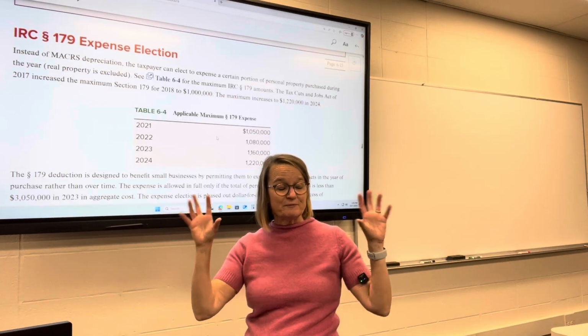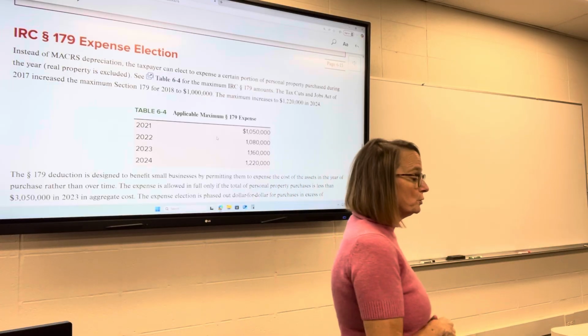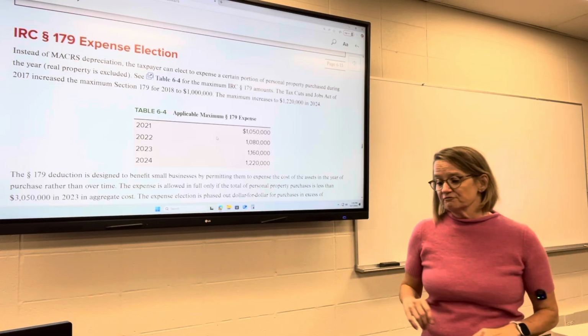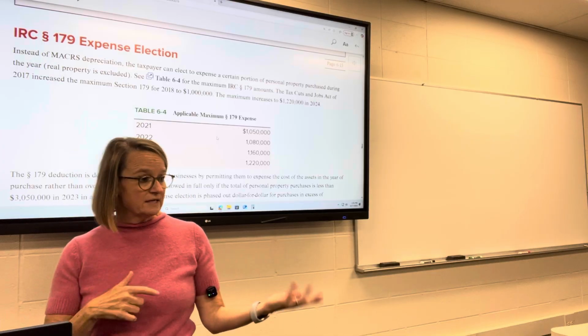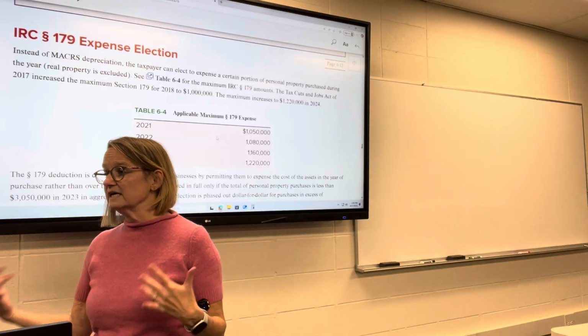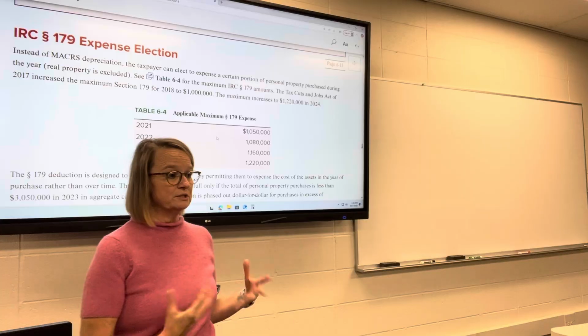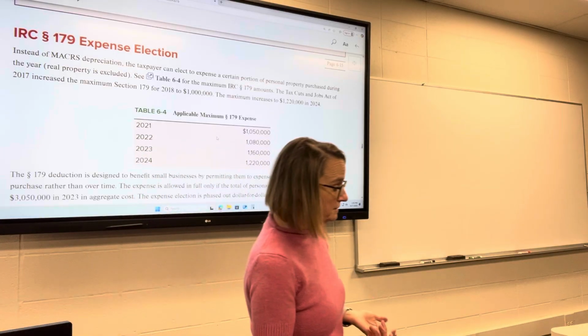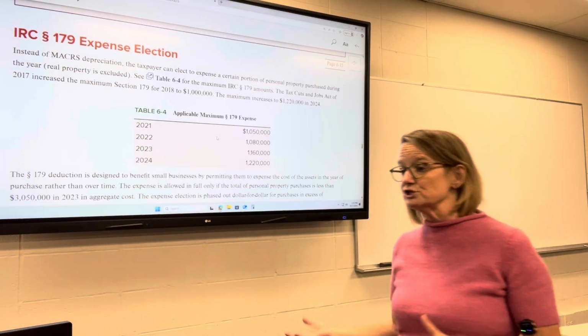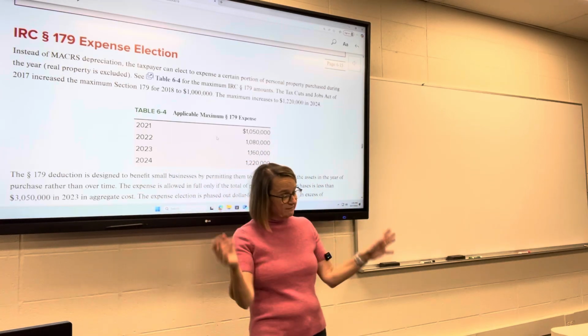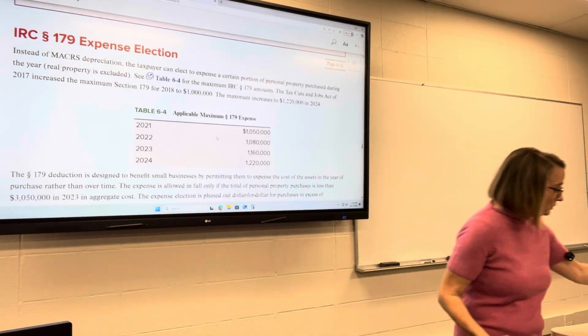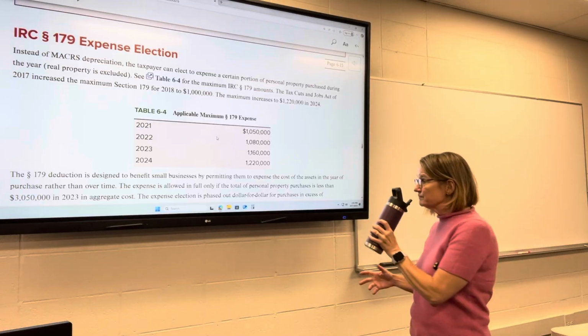You have to make a special election in order to do that. In most cases, the accelerated or declining balance depreciation is going to give us more of a depreciation deduction up front, and most businesses will prefer to have as much depreciation deduction up front as they can. So that's a little recap of how depreciation works using those four factors.